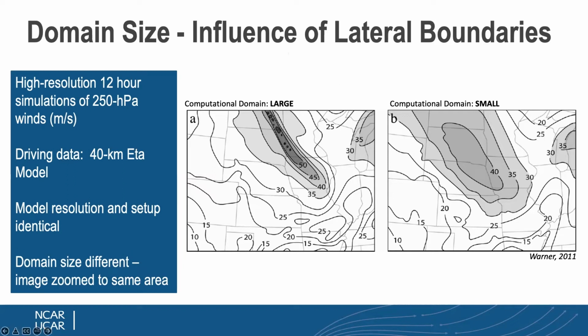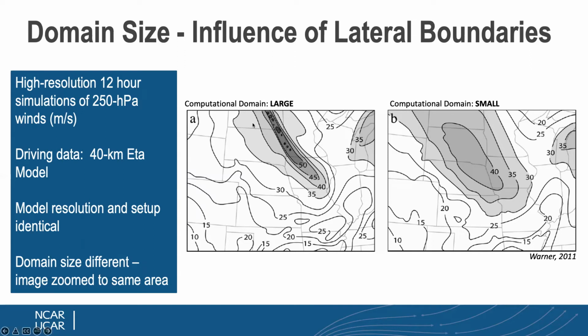Here we are going to look at an example of the influence of the lateral boundaries. What I'm showing you here is two figures, both of them plotted on the same domain, while the one on the left was simulated on a very large domain, and the one on the right was simulated on a small domain. And you're looking at the 250 hectopascal winds.